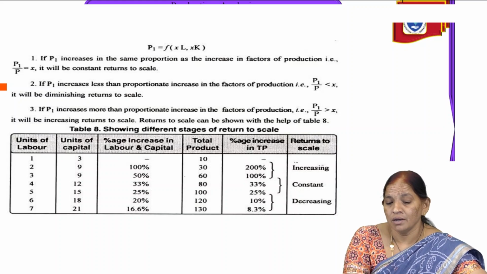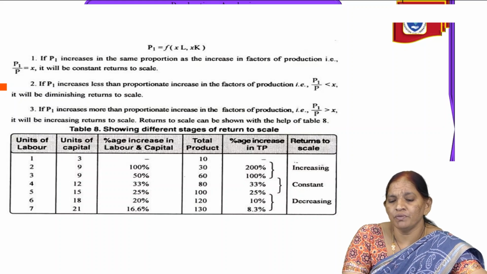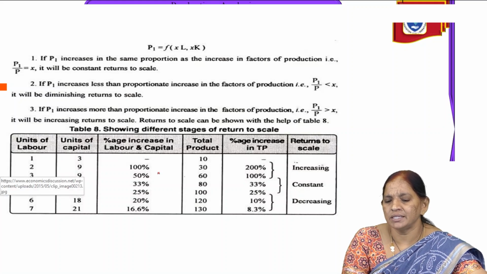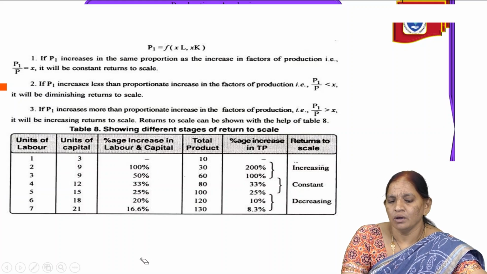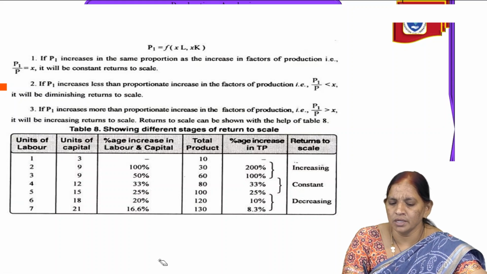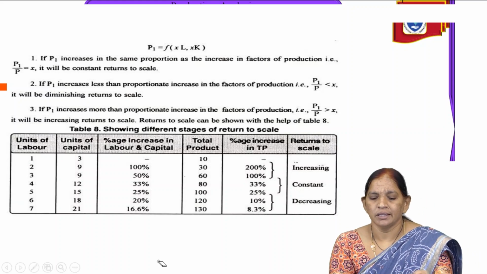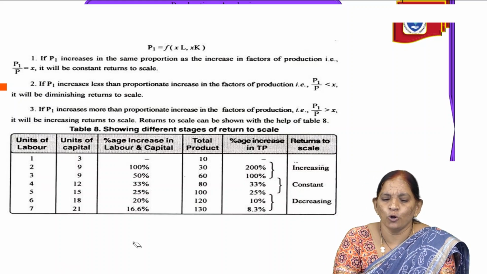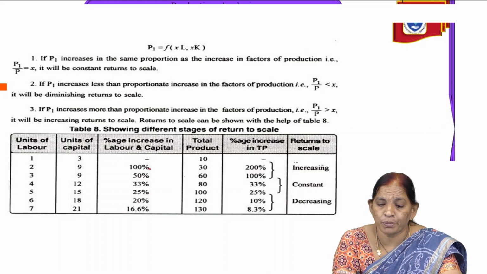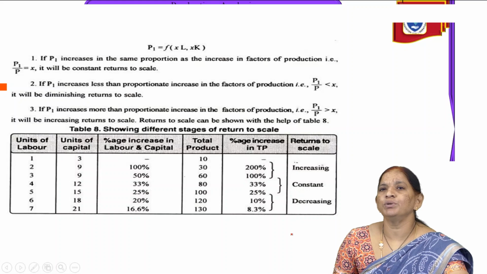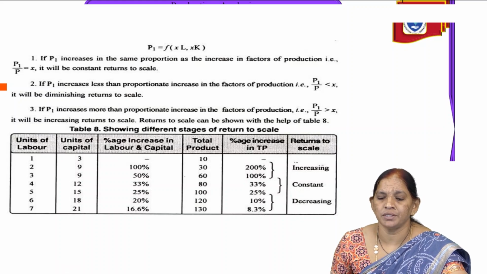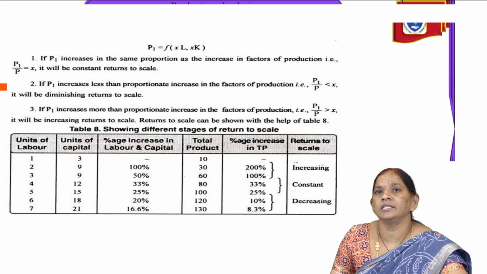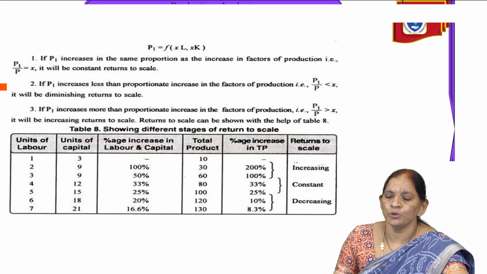In the first stage, suppose we introduce units of labor and capital: 1 unit of labor with 3 units of capital, then 2 units of labor with 9 units of capital, which gives us a 100% return, which we can enumerate as increasing returns.